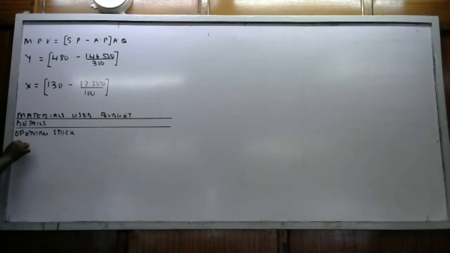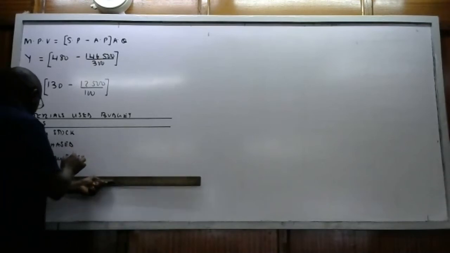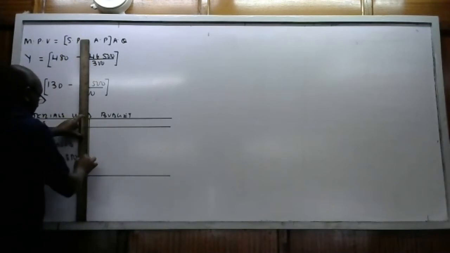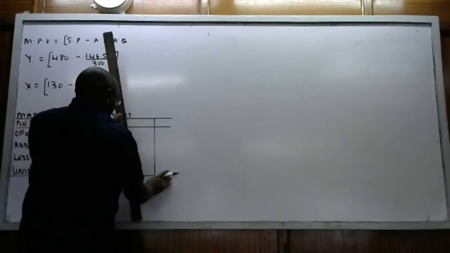We add what we purchased. You less closing stock. And this will give you units used or usage. That is how you are supposed to do it.